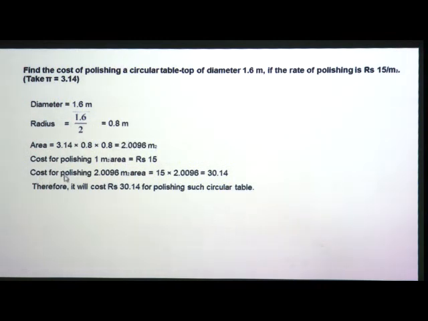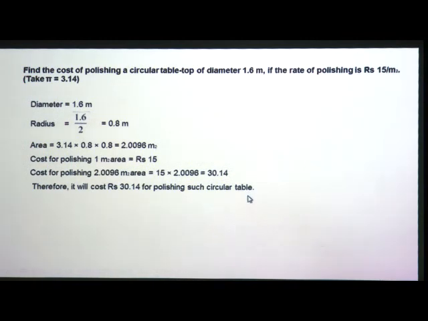So, the cost of polishing 2.0096 meter square area is equal to 15 multiplied by 2.0096, which is 30.14. What is it? It is nothing but rupees. Therefore, it will cost 30 rupees 14 paise to polish such a circular table.